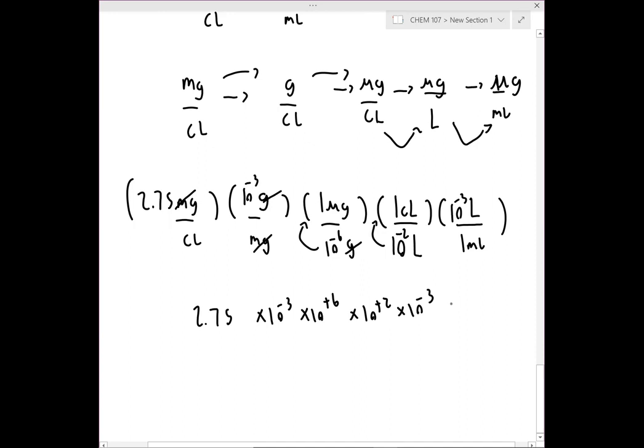And our final units are microgram per milliliter. That gives us a final value of 2.75 times 10 to the second microgram per mil. In other words, 275 microgram per mil.